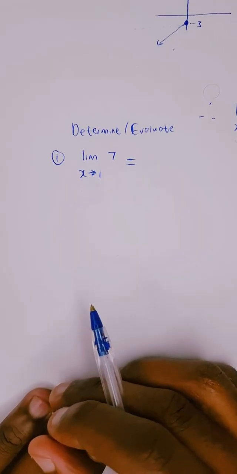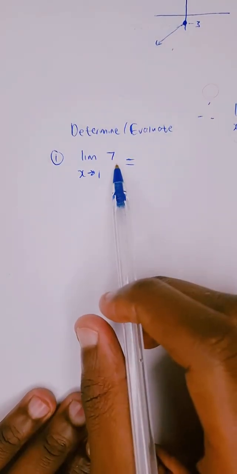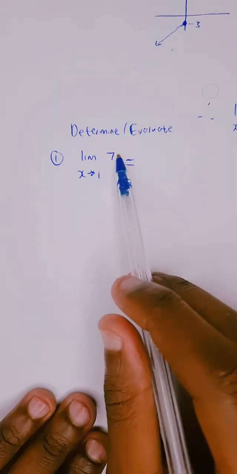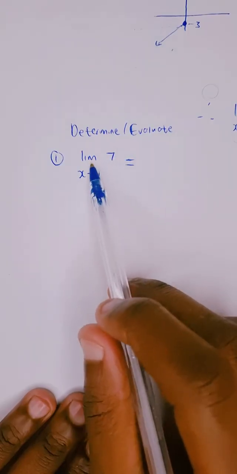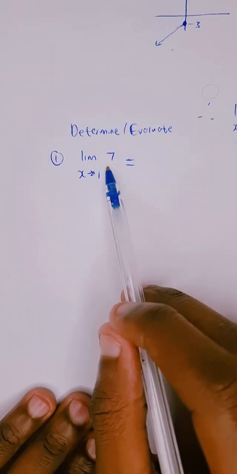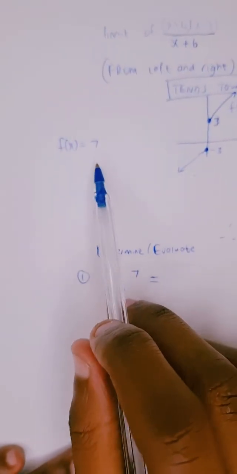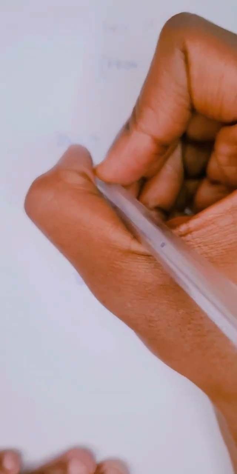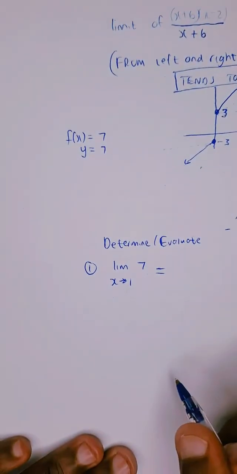So yes, guys, the limit of 7. The way I want to look at it is that this is a constant. It represents a function, right? If we have a function equal to 7, that means y is equal to 7.